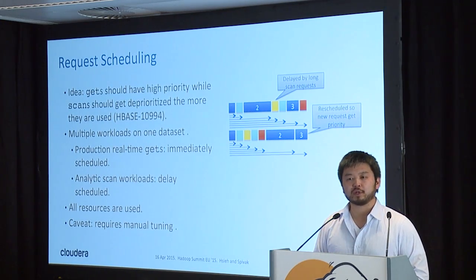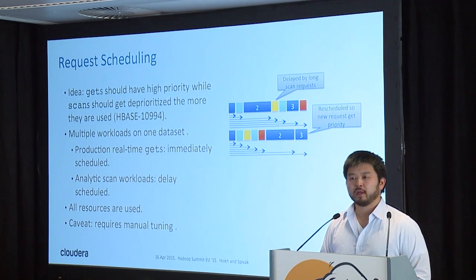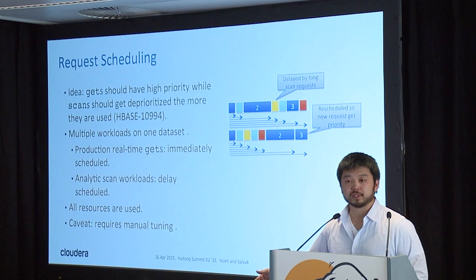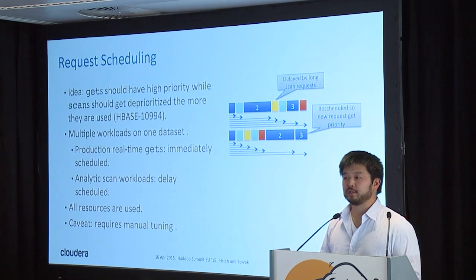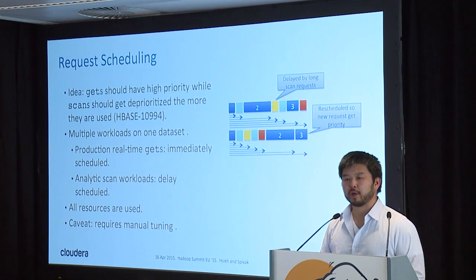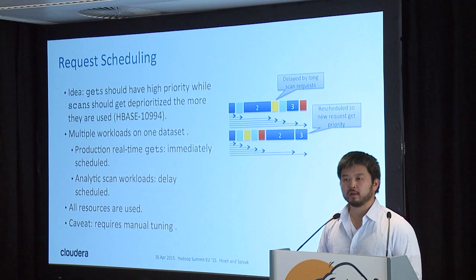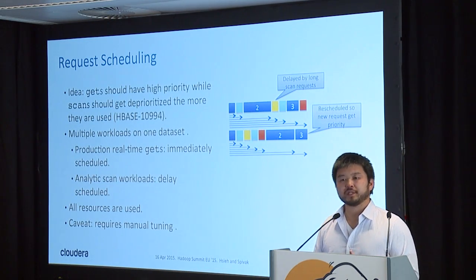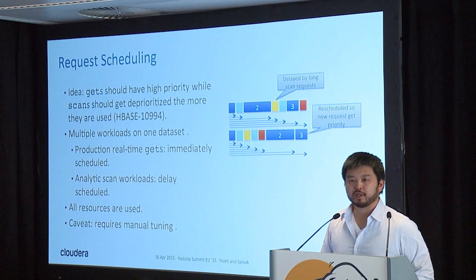Let's say that's the order that the requests came into the particular server. But with this scheduling mechanism, we've rescheduled the blue one that has multiple uses of that scanner ID in order to let the real-time requests happen more quickly than the requests that have been pushed back because they're longer scans. The one caveat with this one is that it requires some tuning for your application.